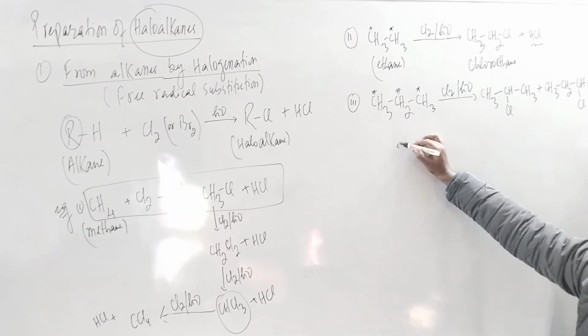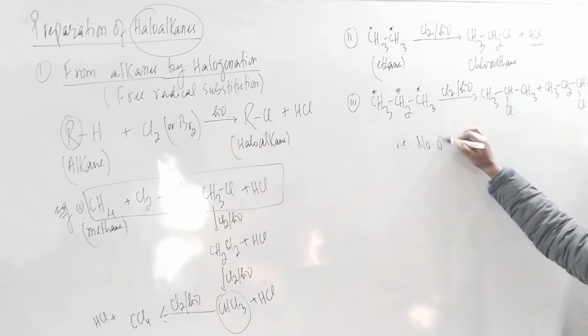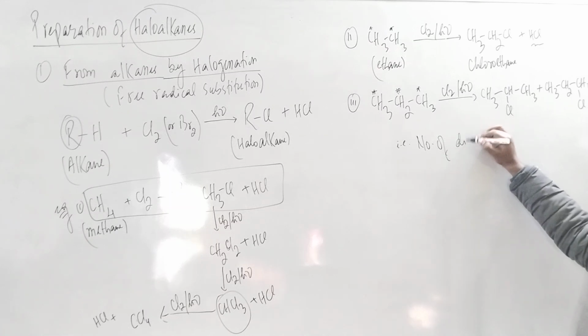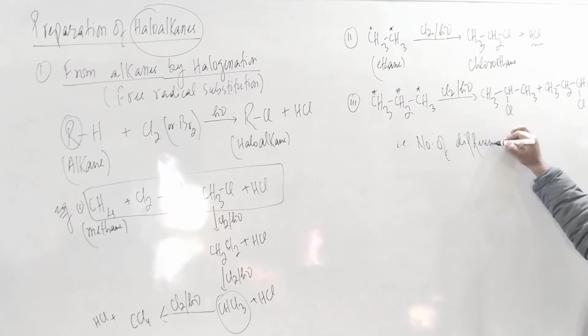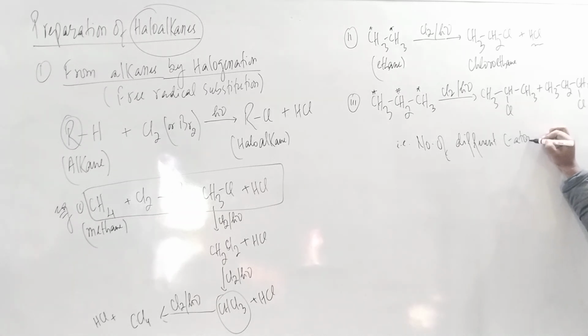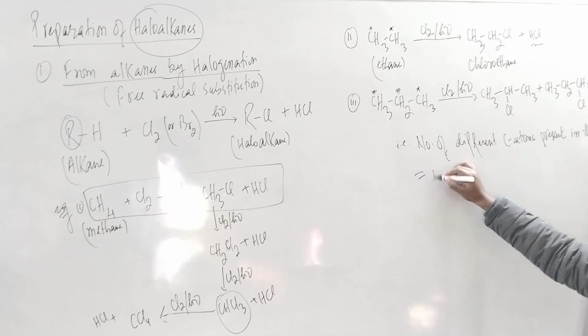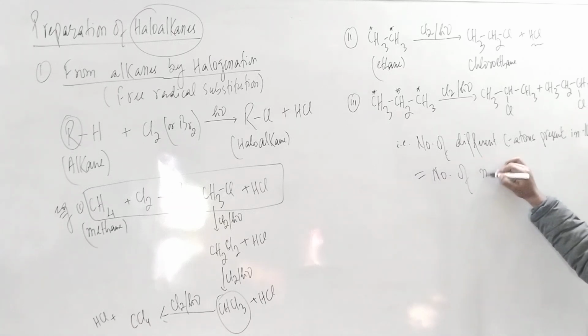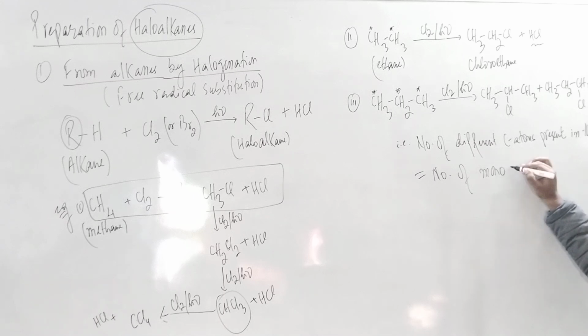Okay, that is number of different carbon atoms present in the alkane will be equal to number of monochloro or monohalo, you can write, alkanes formed. No doubt.